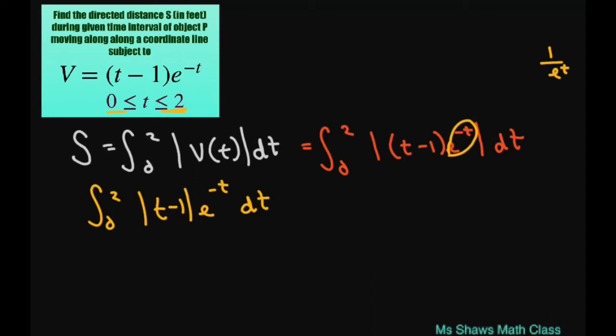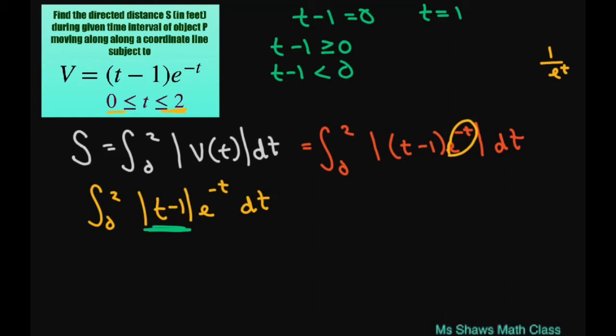Since we have the absolute value of this linear term, we look at where t minus 1 equals 0, and that would be t equals 1. So we look at where t minus 1 is greater than or equal to 0, and where t minus 1 is less than 0.